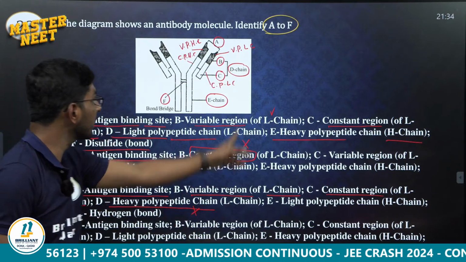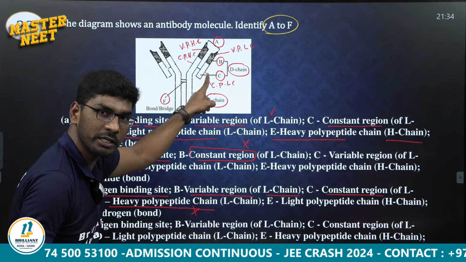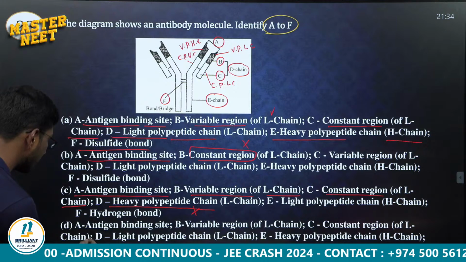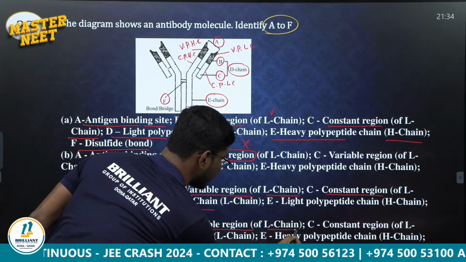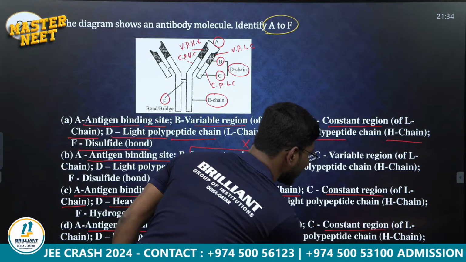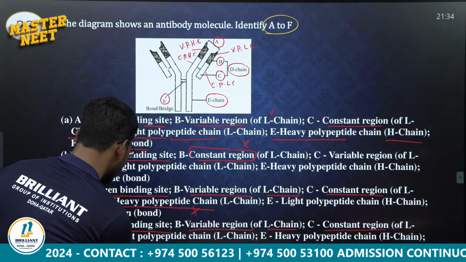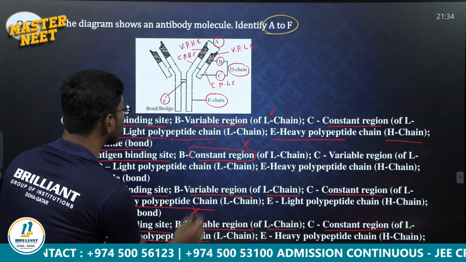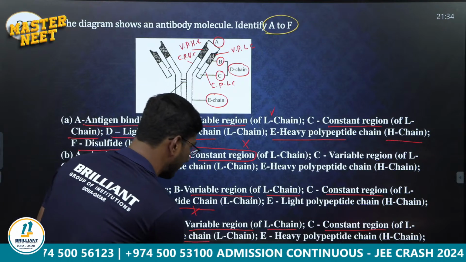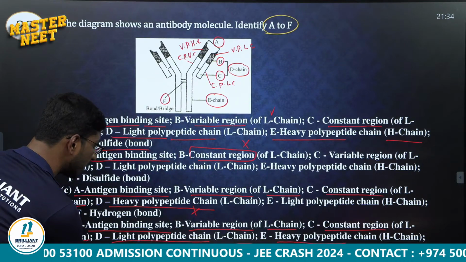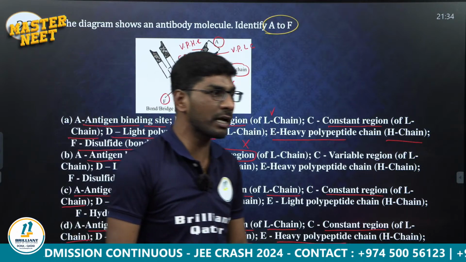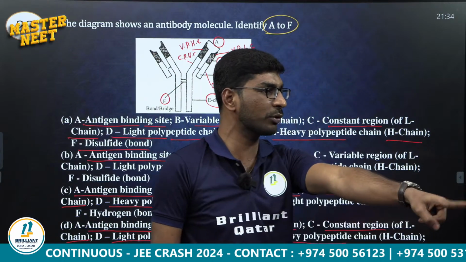D is a light chain, right? The entire one is the light chain, it is not a heavy chain. Leave it. The last one: antigen binding site, variable part of L chain, C is the constant region of L chain, D is the light polypeptide chain, E is the heavy polypeptide chain, and hydrogen bond is not the correct answer. So what is the right answer? Right, absolutely. Very good.